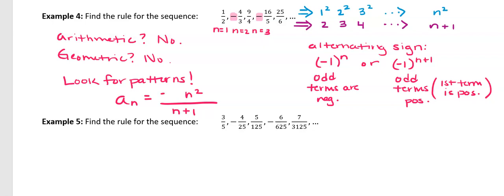So I'm just going to put that right in front, negative 1 to the n plus 1, and put a multiplication sign between those. So this is the first pattern type that you're going to have to work with, and you just need to break it apart as best you can, looking for alternating signs and any sort of pattern in the numerator and denominator to help you break it down.